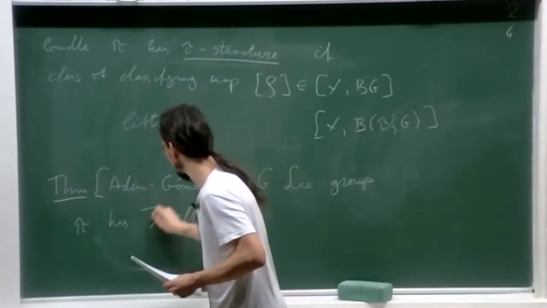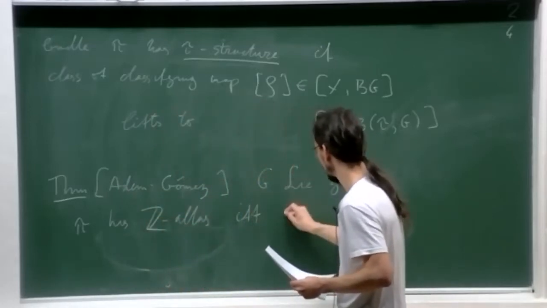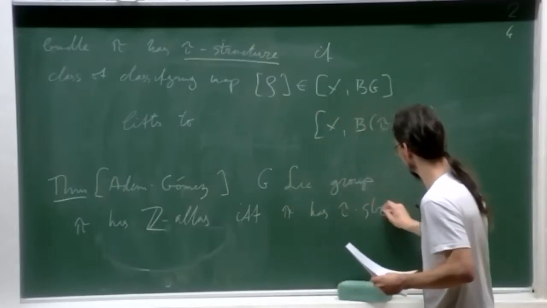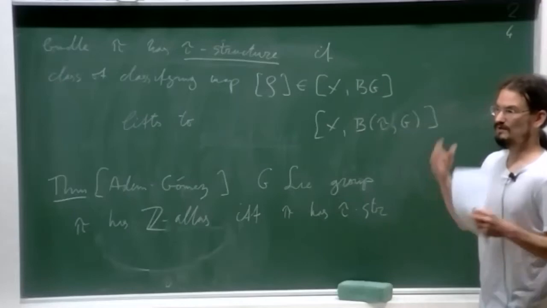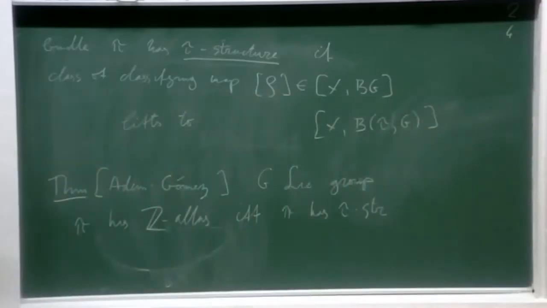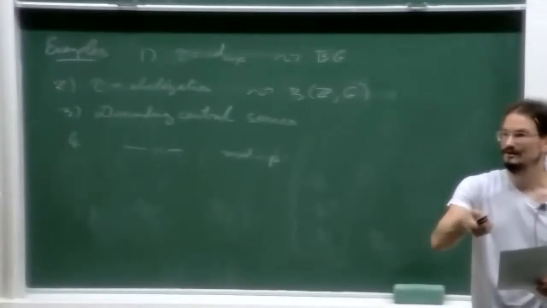So pi has a Z atlas if and only if it has a tau structure. And the point is that we could make the same thing work for our more general tau, which is of quotient type.